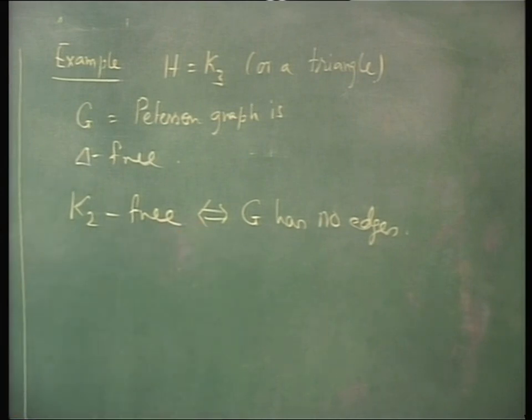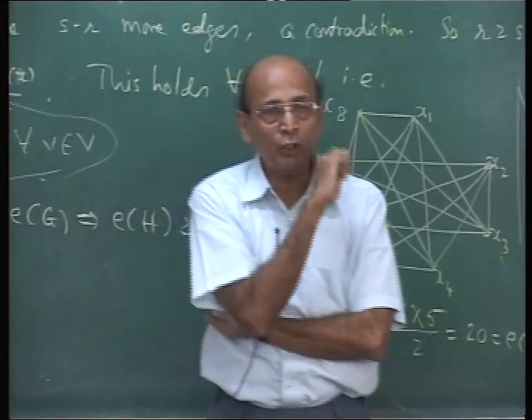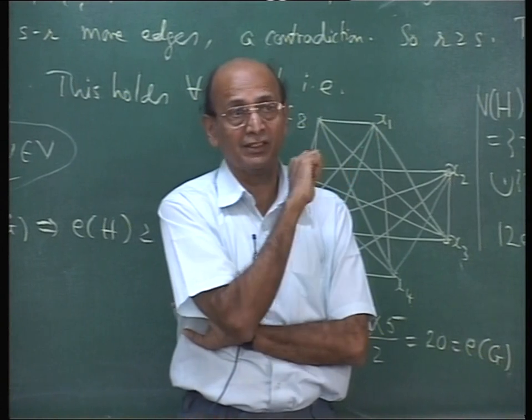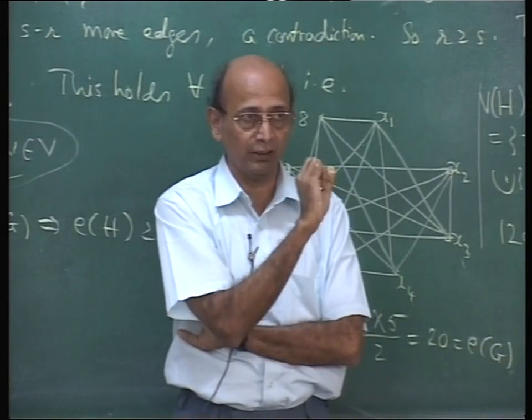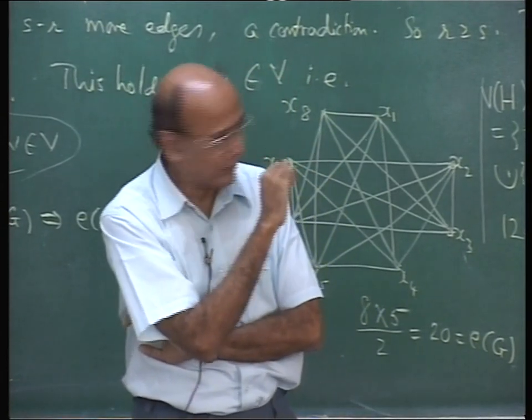So the question is: if n is given to me, what is the largest number of edges that I can get that will still avoid having a triangle? This is called Mantel's theorem.